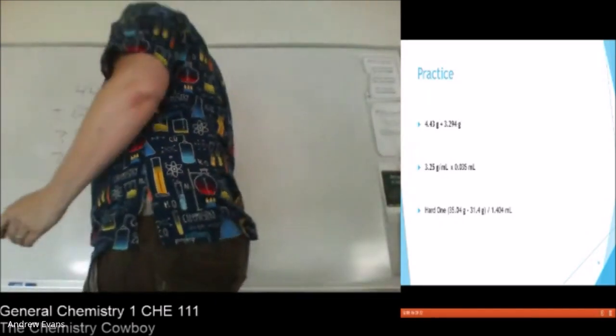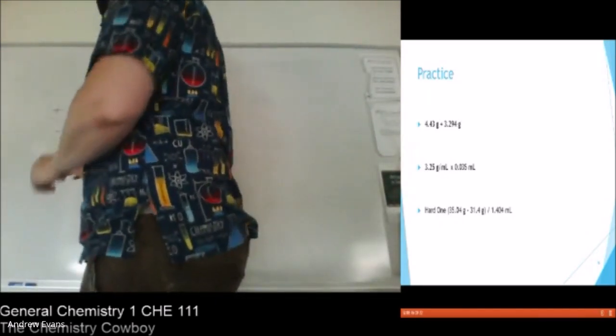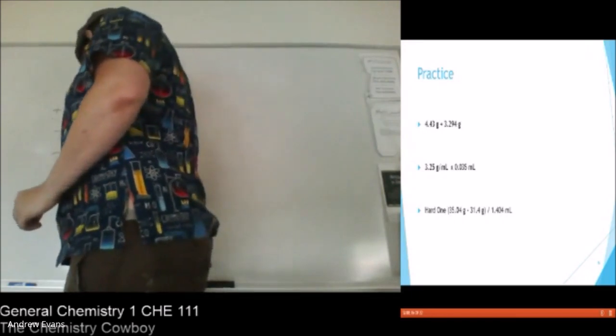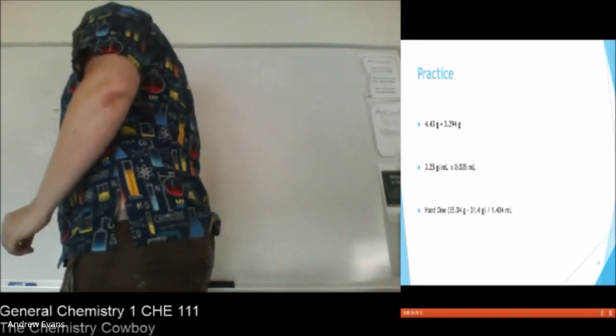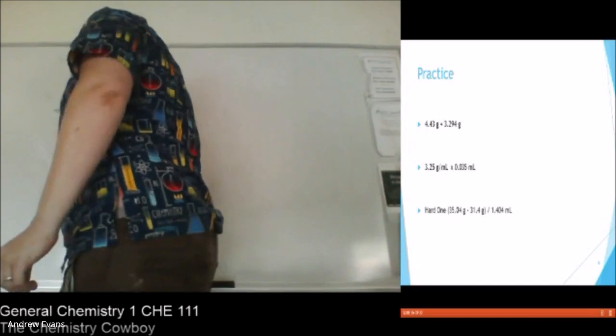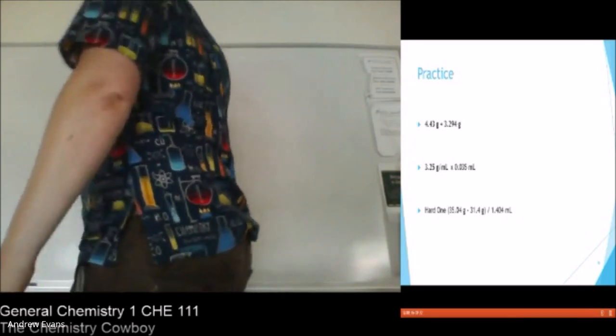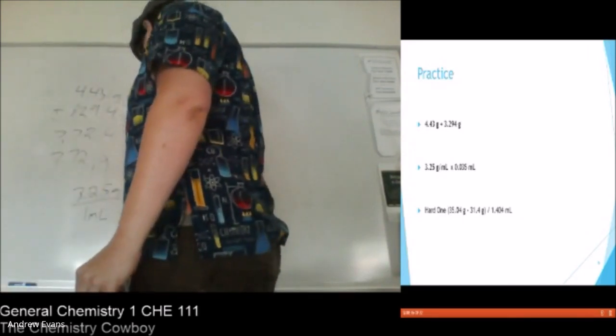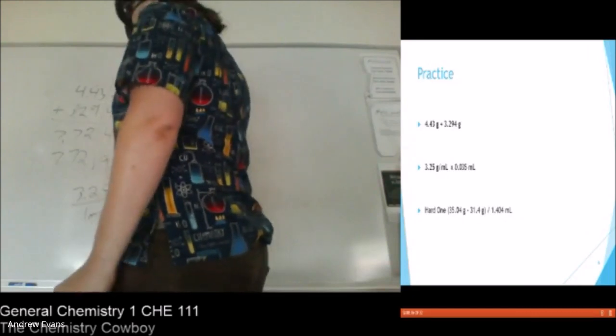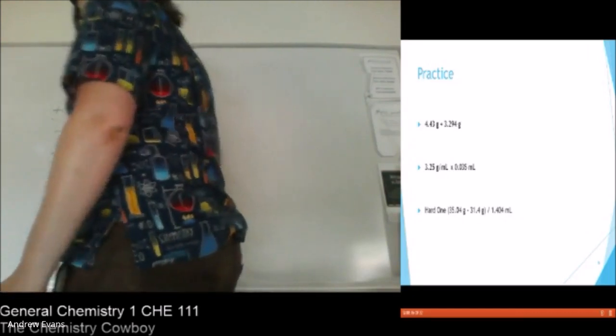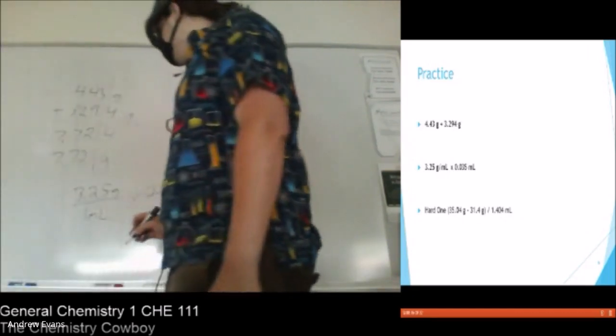Next one, we have 3.25 grams in 1 mL, grams per mL. We're multiplying by 0.035 mL.